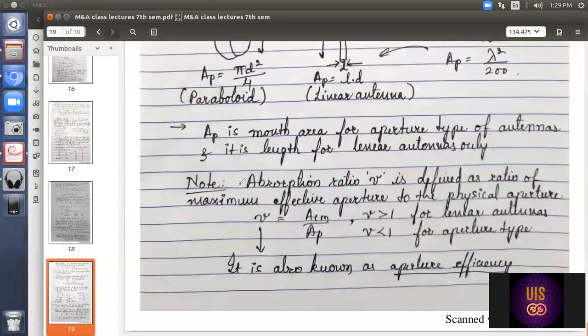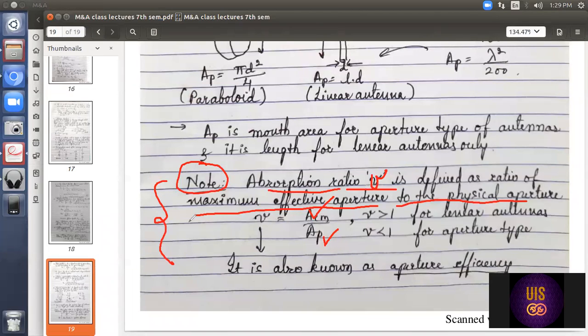Now, as a note, you can see absorption ratio, or you can just denote it as small v. It is defined as the ratio of maximum effective aperture to the physical aperture, AEM divided by A suffix P. Important one.